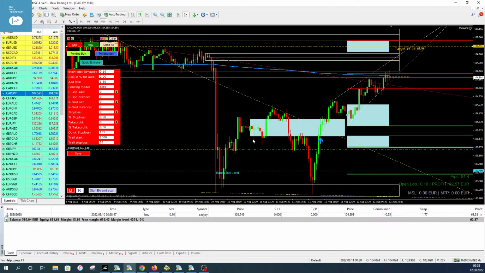And my hope is that they today have enough power to come through this yellow zone, at least to the next double supply zone, because we have here the H1 supply box, and into this H1 supply box we have the little M15 supply box, so 2 supply zones in the same area.